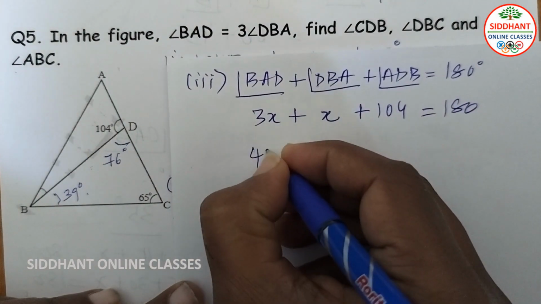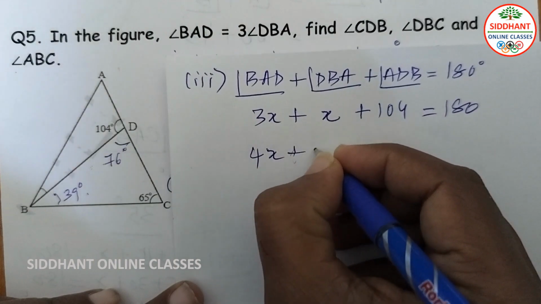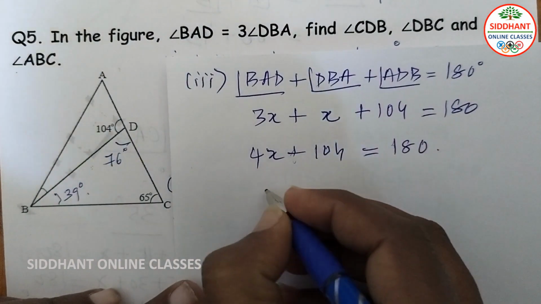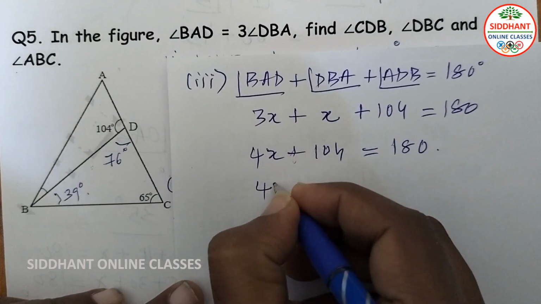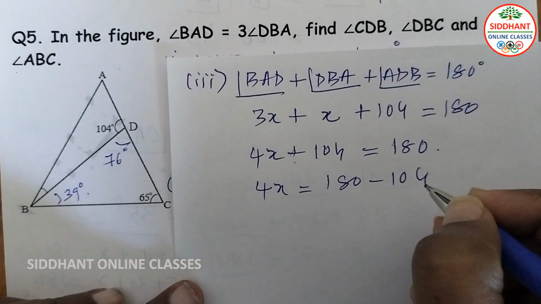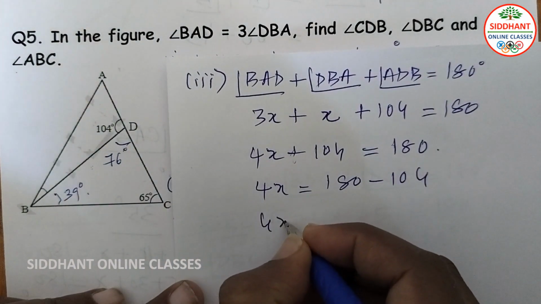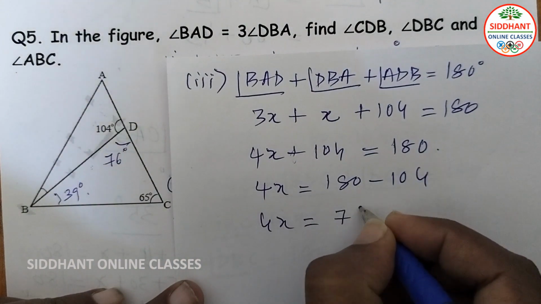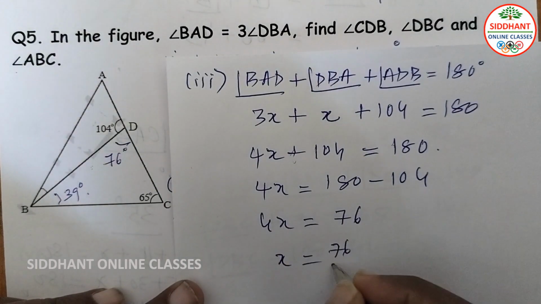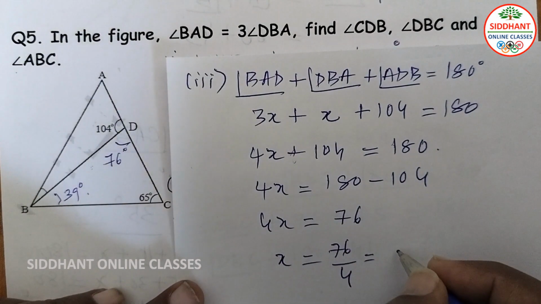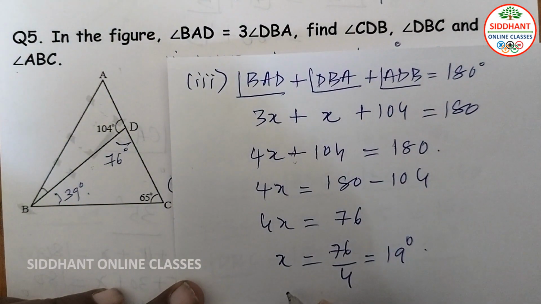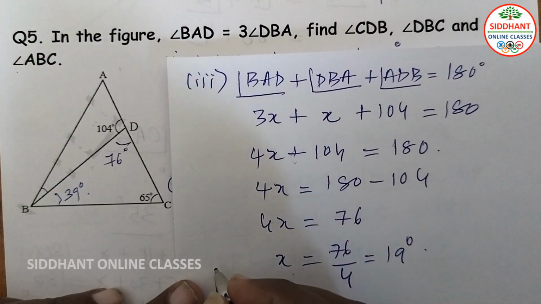So here 4x plus 104 equal to 180. Then 4x equal to 180 minus 104. Then 4x equal to 76 and x equal to 76 by 4, that equal to 19 degrees.